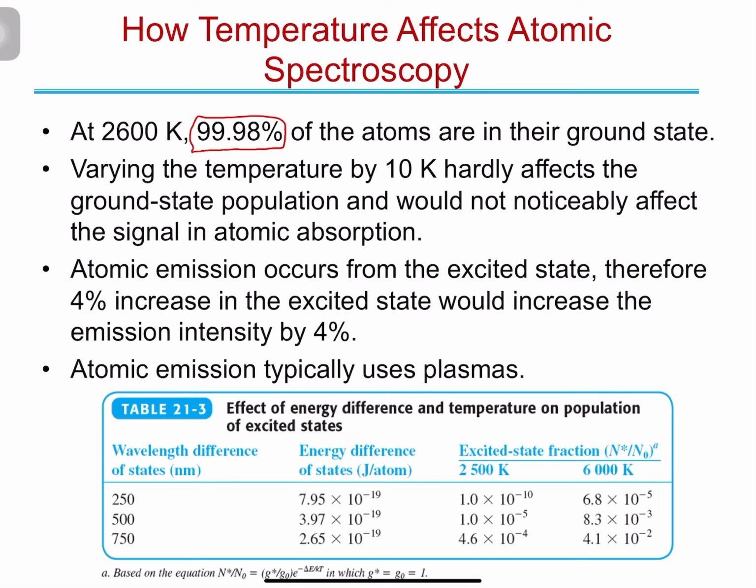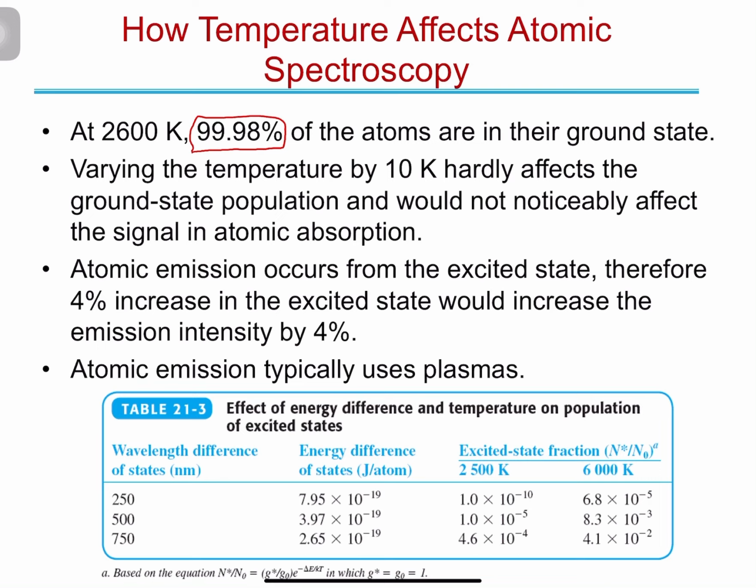This is more like the excited state, or the emission, where we have a dark background and you can see the light. So if we increase this number from 10 to 12, it will be noticeable.